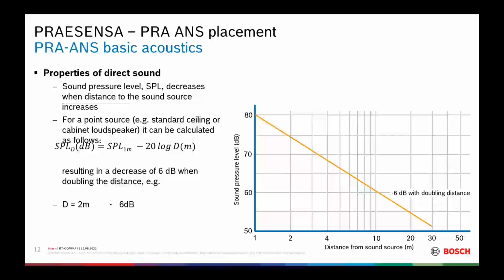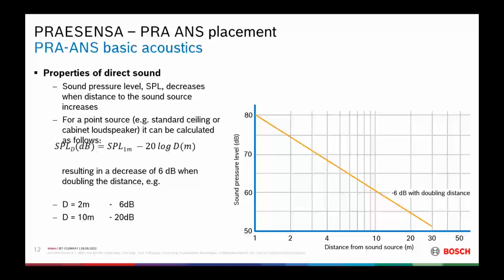So when I start somewhere at my loudspeaker at maybe 80 dB here on the left hand side, and I increase my distance from 1 to 2 meters, in a pure direct sound field from a point source my sound pressure level drops by 6 dB. So the further away, the lower the level I receive from this point source.